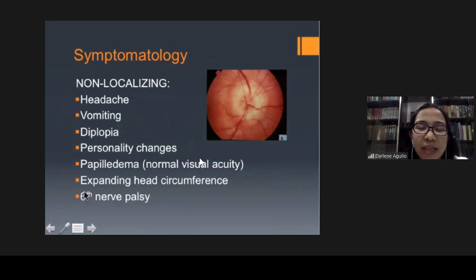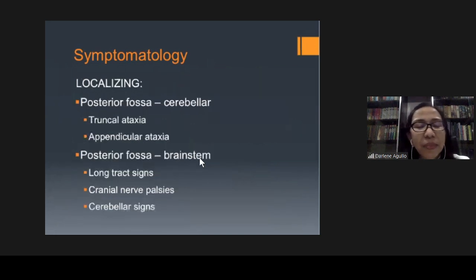So kadalasan akala may sixth nerve involvement, pero from increased ICP, naiipit lang yung sixth nerve mo, kaya meron kang lateral rectus palsy. So dalawa na yung alam yung false localizing sign, yung Kernohan sign, tsaka yung sixth nerve palsy.